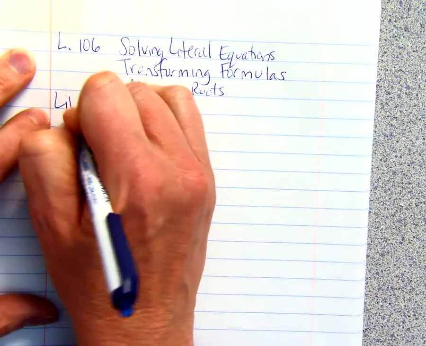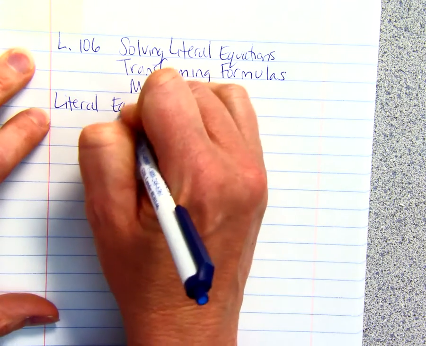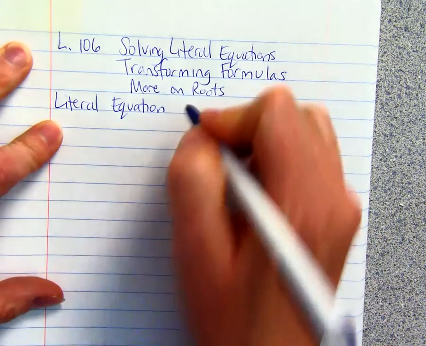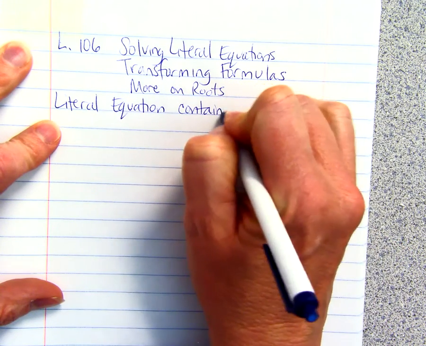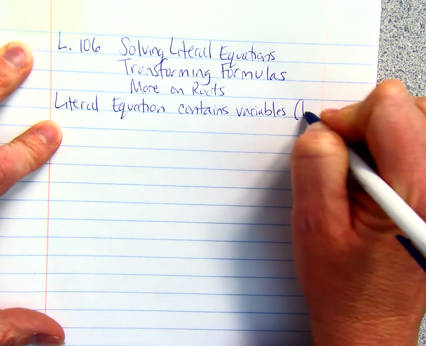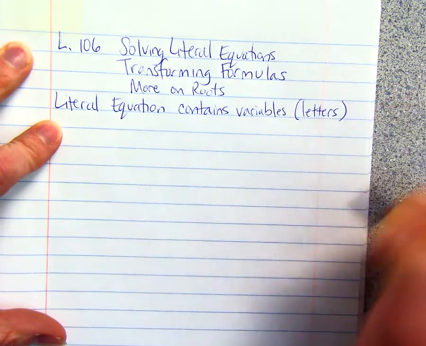So a literal equation just contains variables. As a reminder, variables are letters.